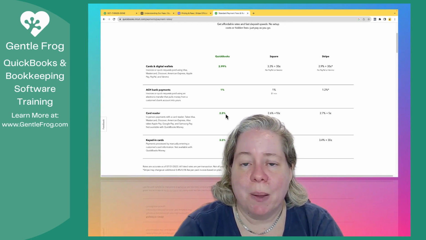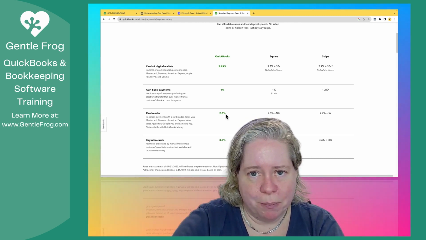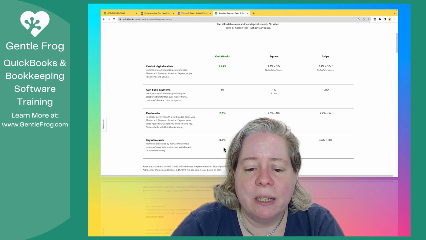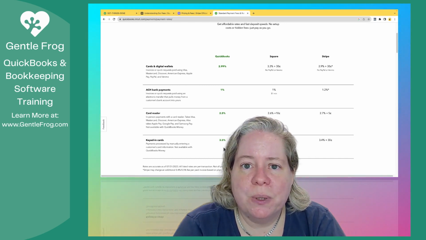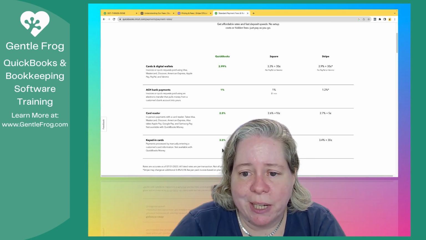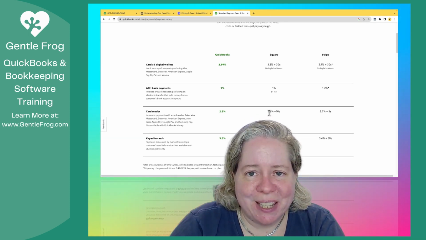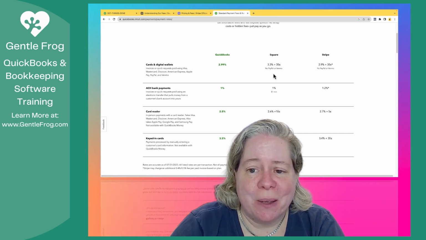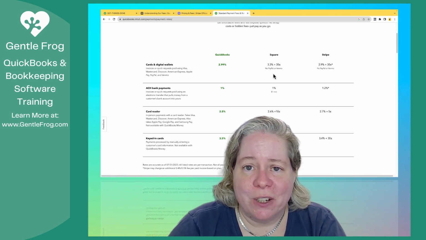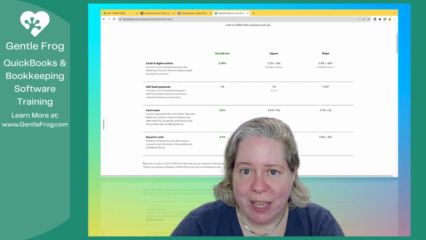You go to the coffee shop, you buy a cup of coffee, you tap or put your credit card in the machine. That's your card reader. And then keyed in cards would be if you give your credit card number over the phone and the person types it in manually. That's your keyed in cards. I do realize that they include pricing for Stripe and Square on the right-hand side, but I encourage you to take a look for yourself to see what the pricing is for things.